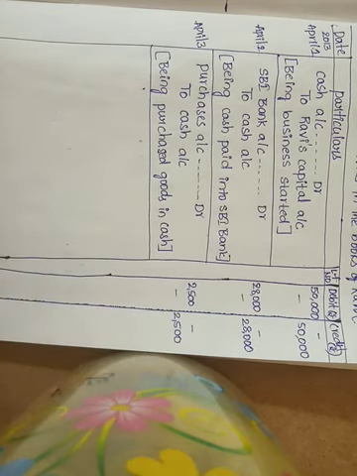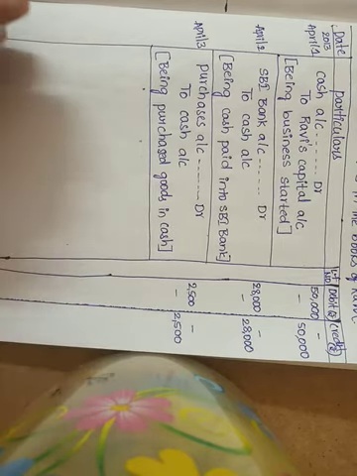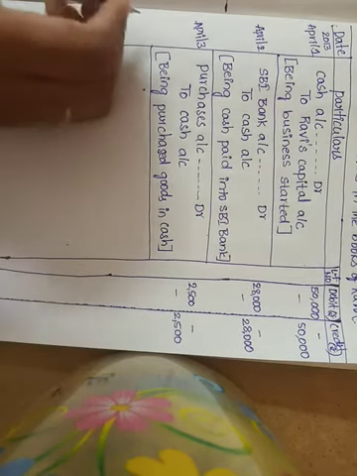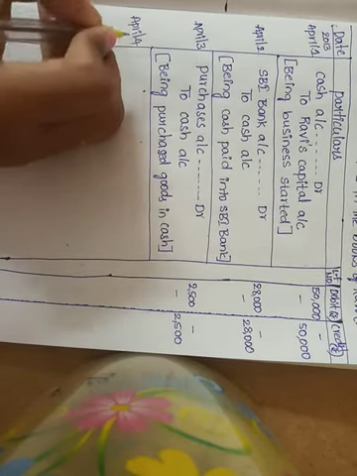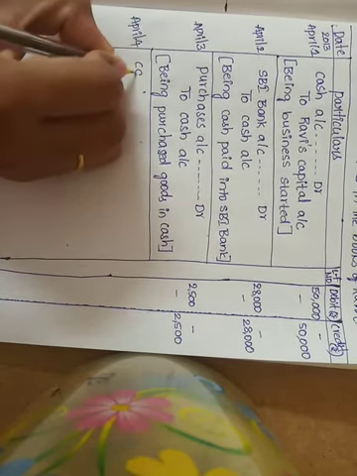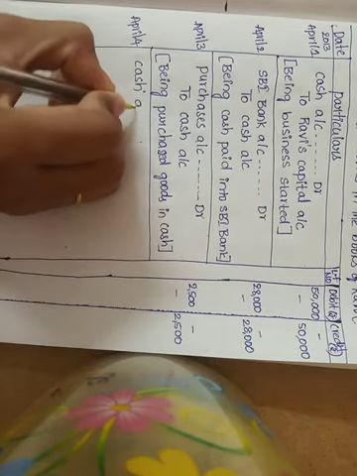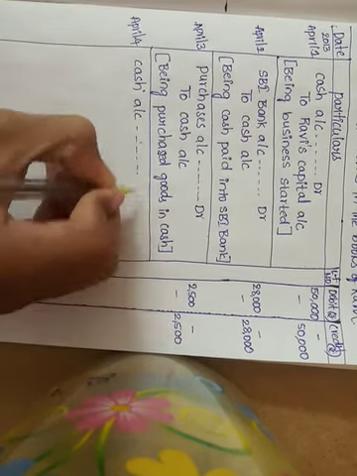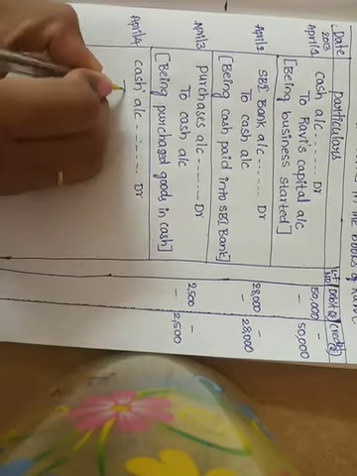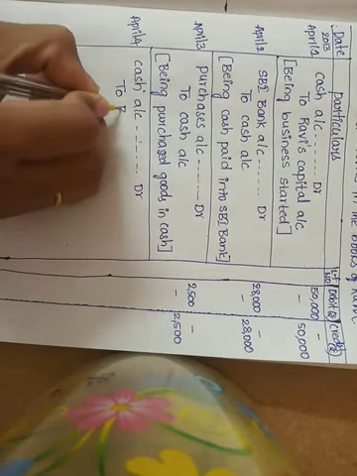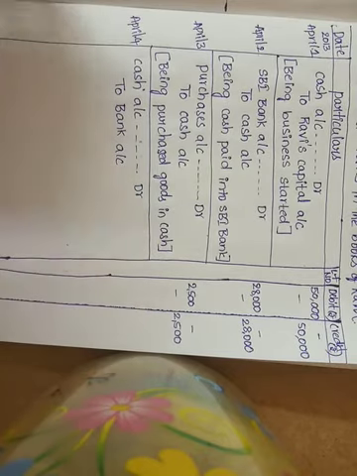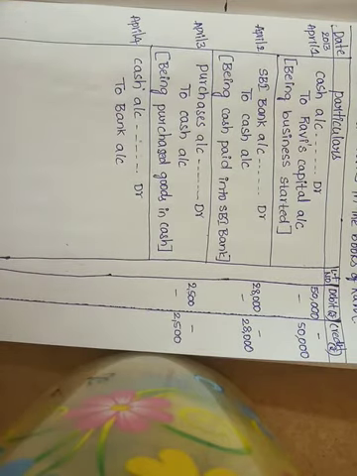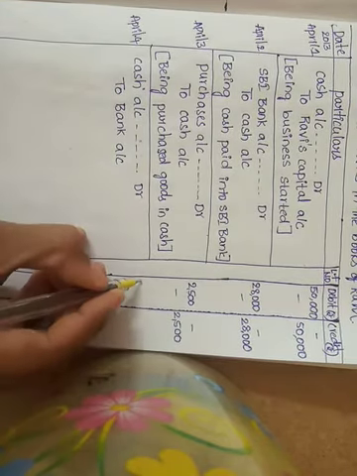Bank is the giver, so the bank will be on the credit side. Cash is coming into the business, so cash is debit. So the entry is cash account debit to bank account, amount rupees 1000.